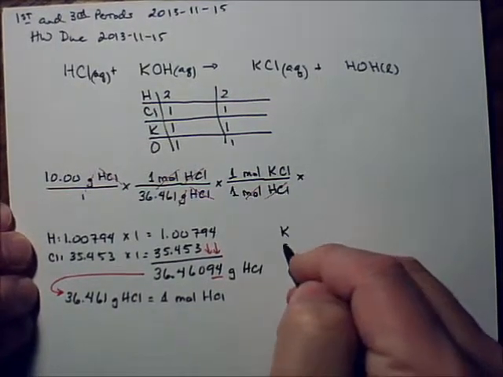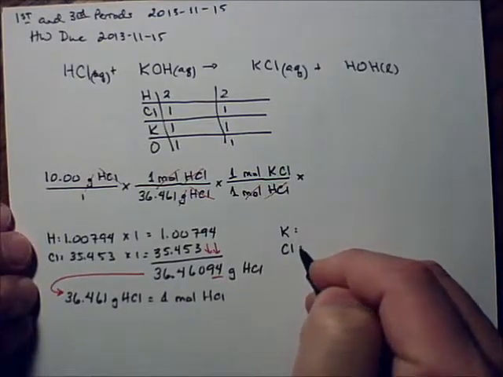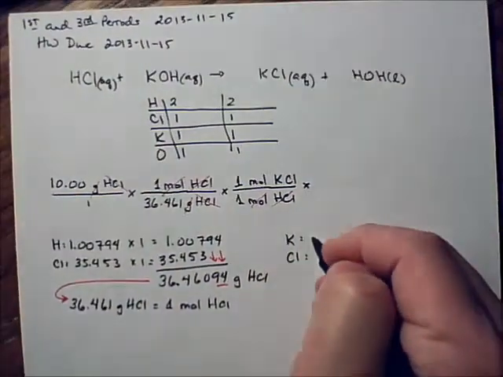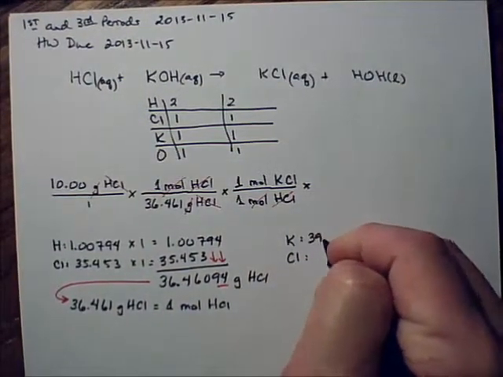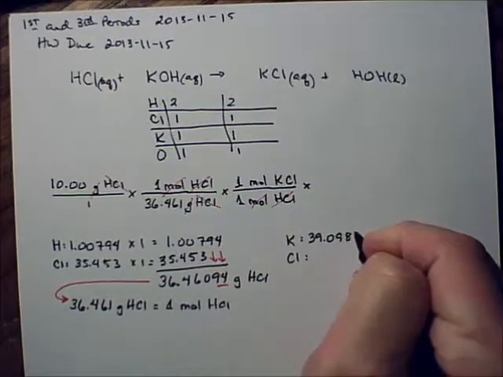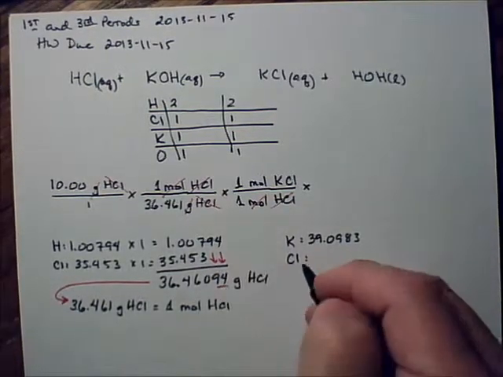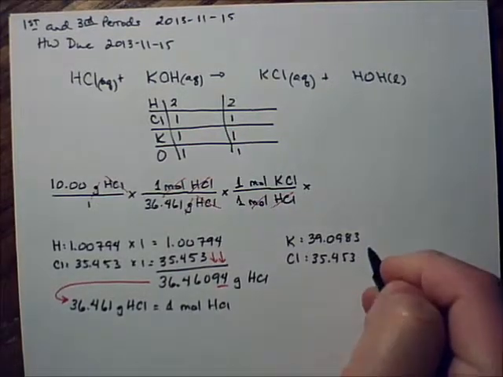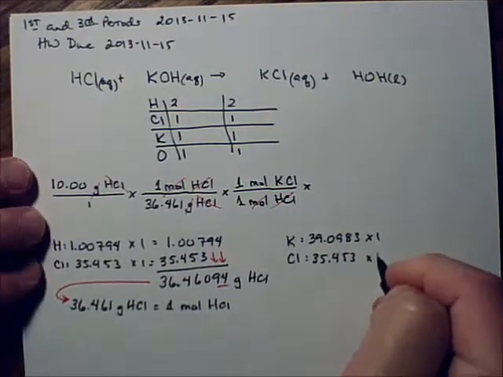So here's K and Cl. Potassium's atomic mass is 39.0983. Chlorine we said was 35.453. We have 1 of each in the formula.